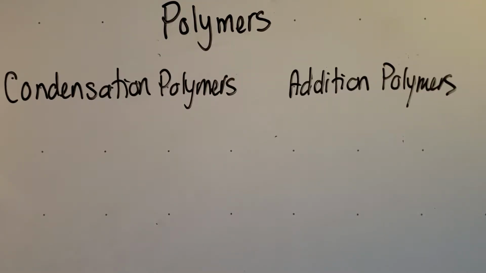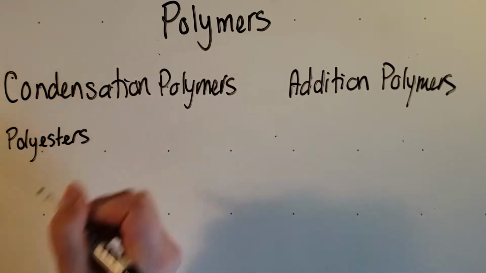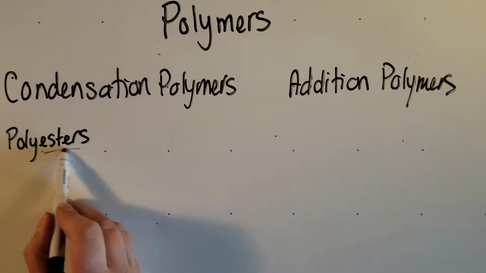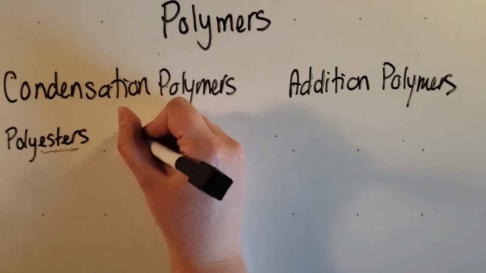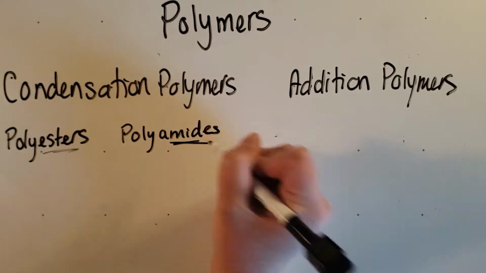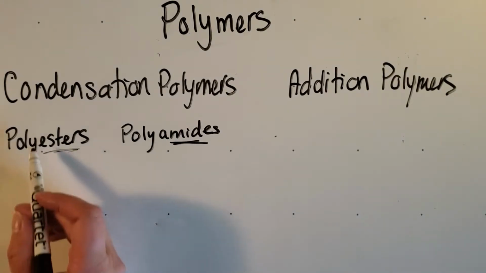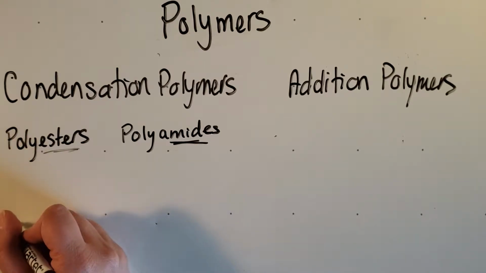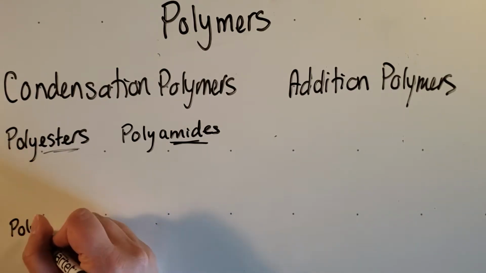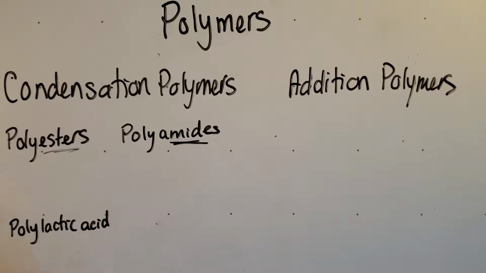questions. So when we're looking at condensation polymers, really there's two main types. You have your polyesters, and like the name suggests, you're going to have an ester linkage within those, and then you have your polyamides. And again, like the name suggests, you have an amide linkage in those polymers. Now within polyesters, we do have a unique example of polylactic acid, which does have an ester linkage, but it's specifically to do with the monomer lactic acid.